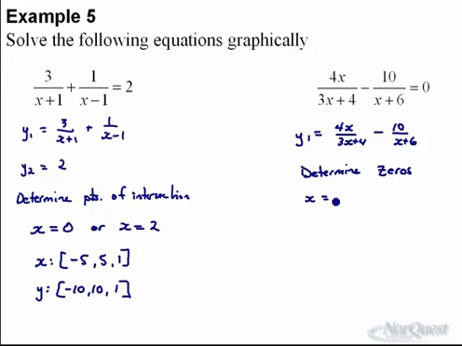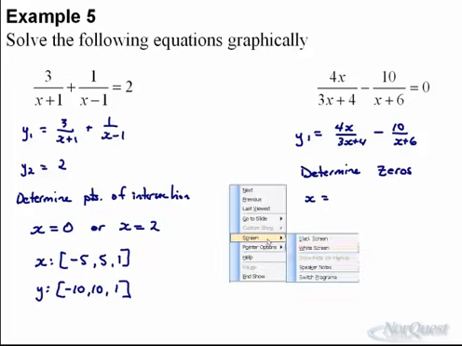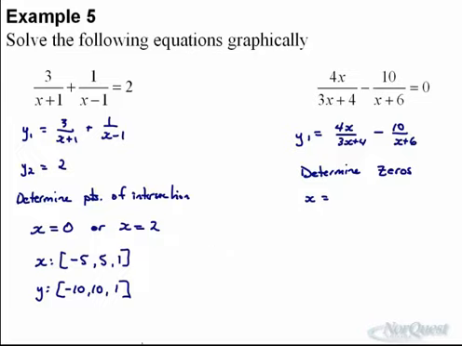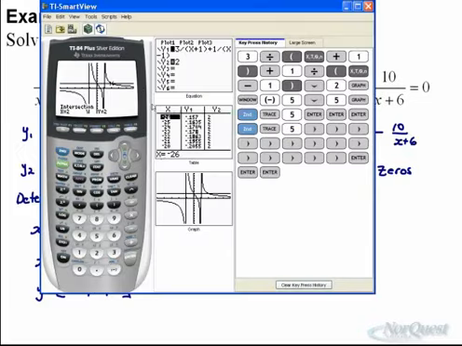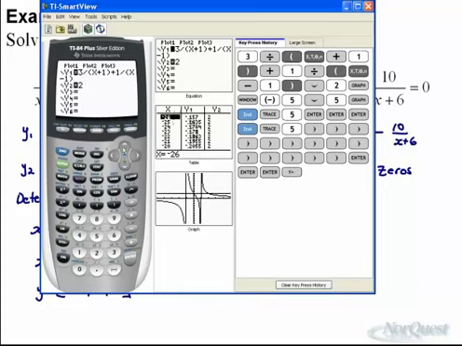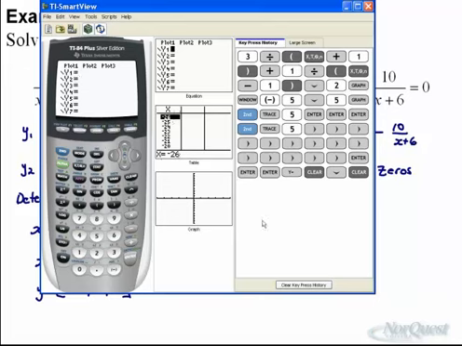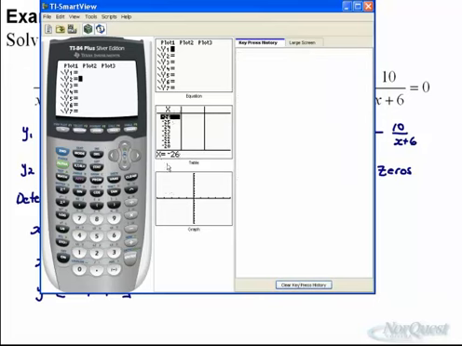So back to the calculator again. Clear up our equations. Clear our history here. And what we're going to do is enter in 4x.